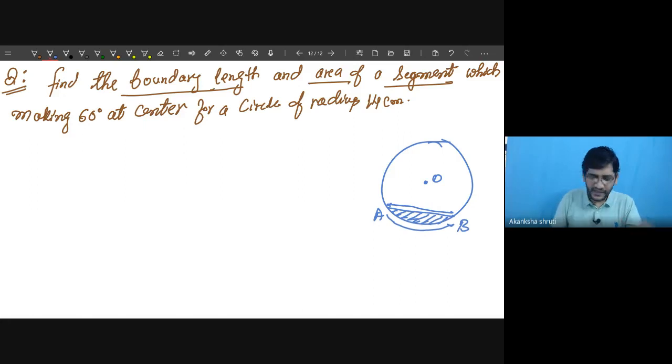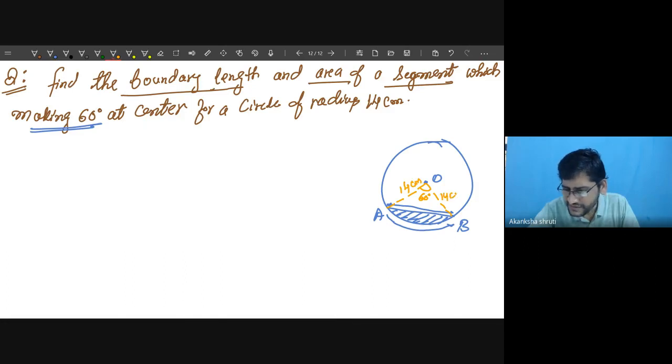How to calculate? For that, it is given that the chord is making an angle, so draw that angle. Here it is given that this chord is making an angle of 60 degrees at the center, and the radius is 14 centimeter.